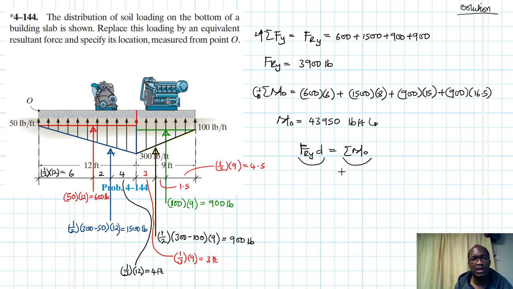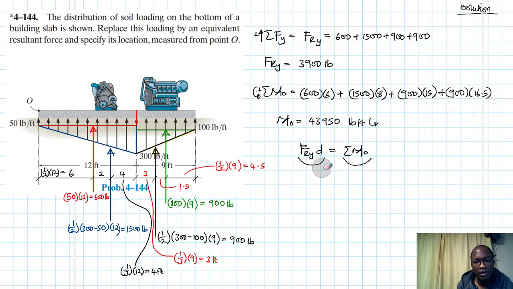When we are using the scalar methods, we have to always follow the directions, because the direction on the left hand side of the equation must be equal to the direction of the moment on the right hand side of the equation.